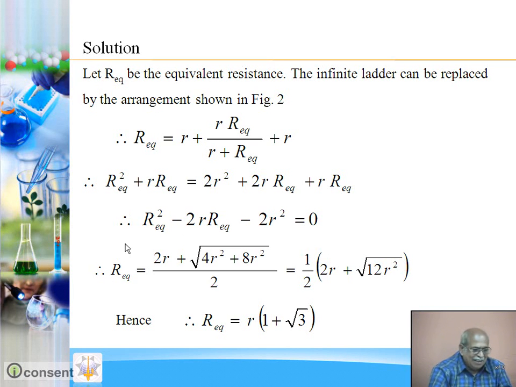After you use quadratic formula and solve, you get Req equal to, here is the solution. Simplify like this and finally like this. So Req is resistance R into bracket 1 plus root 3. This whole part is simple algebra, quadratic equation. I am sure you are expert in solving quadratic equation.